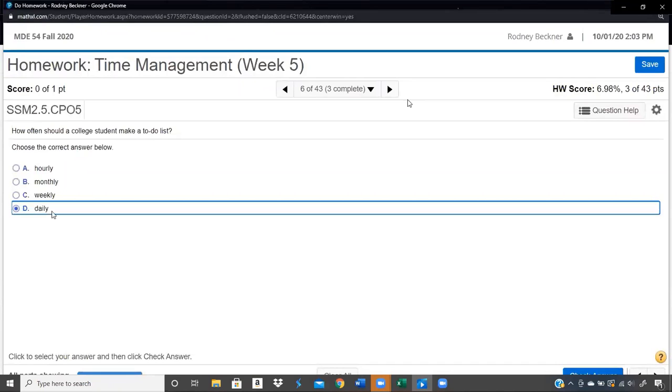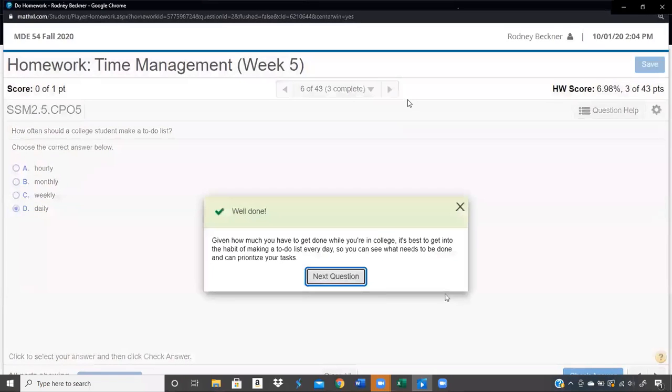Do 1 hour on Monday, then 1 hour on Tuesday, then 1 hour on Wednesday, 1 hour on Thursday, 1 hour on Friday. But a to-do list, I just feel like that's probably going to creep up every day for what they want, and that's exactly what they wanted.